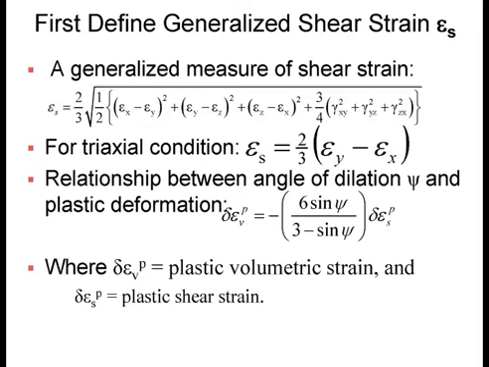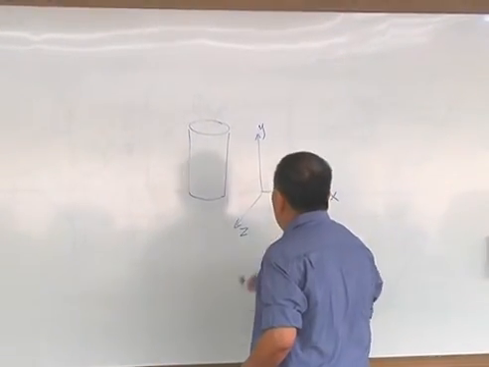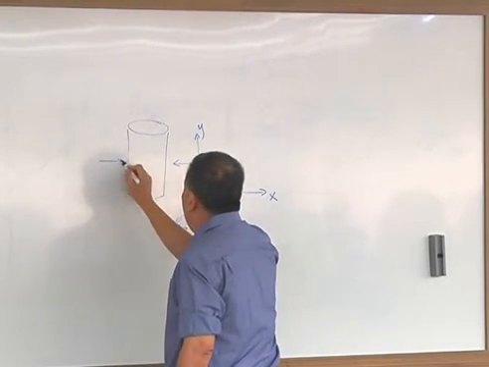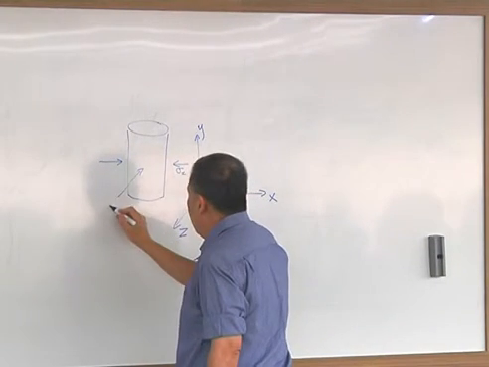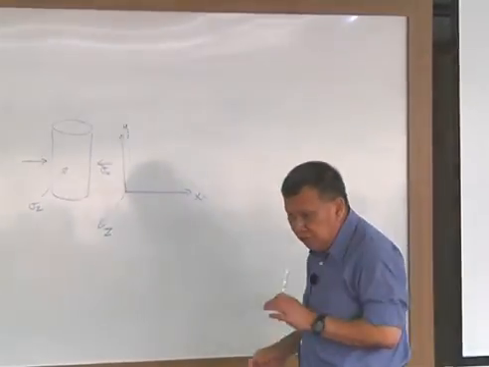So the last part of the expression totally disappeared. And if we use the axes x, y, and z, then obviously sigma x and sigma z must be the same. Agree? Sigma x equals sigma z.